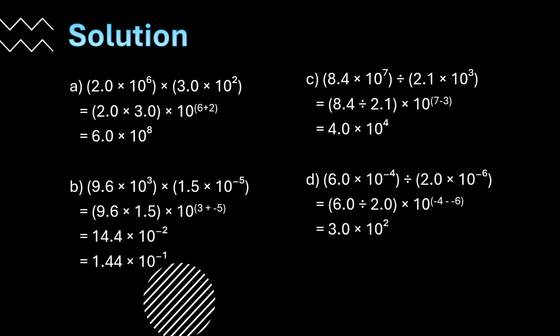Now take note that we have two negative signs here, so we're going to change 6 into positive. So that will be negative 4 plus 6. And because they're of opposite signs, we're going to subtract them, and we're going to copy the sign of the larger number. That is why we have 2, and it is positive. So the final answer for letter D is 3.0 times 10 to the 2.